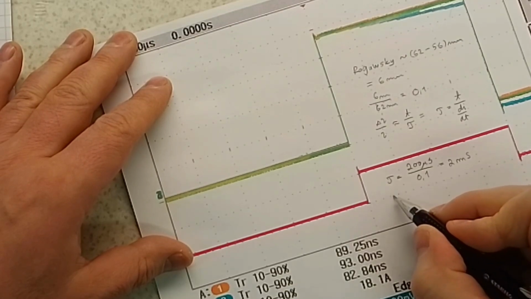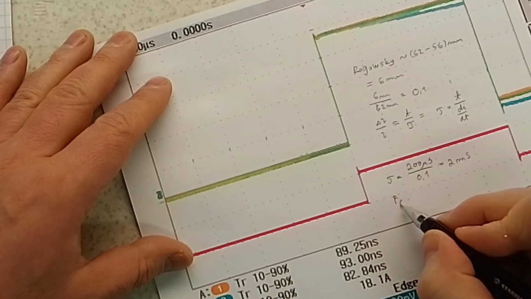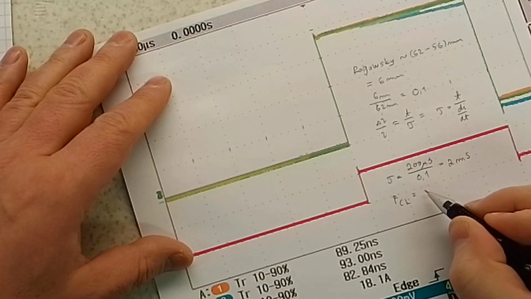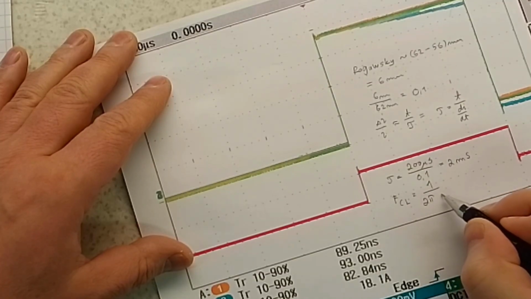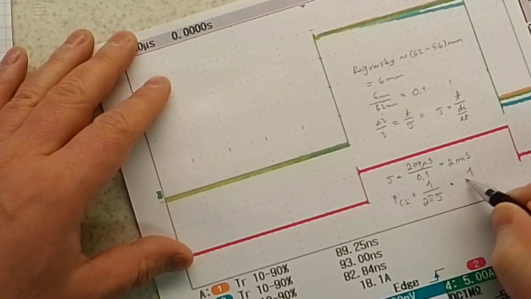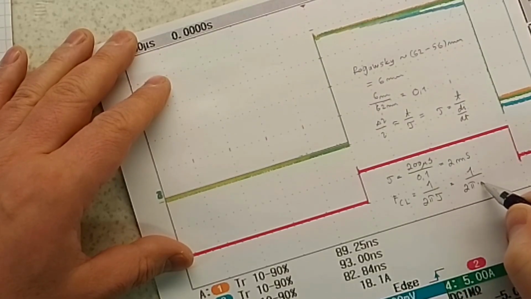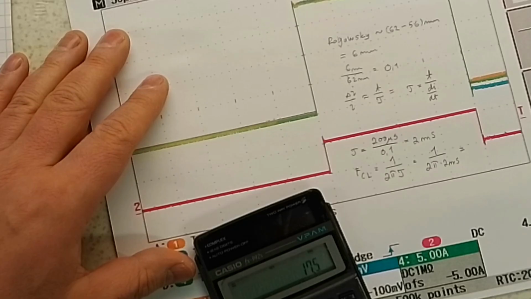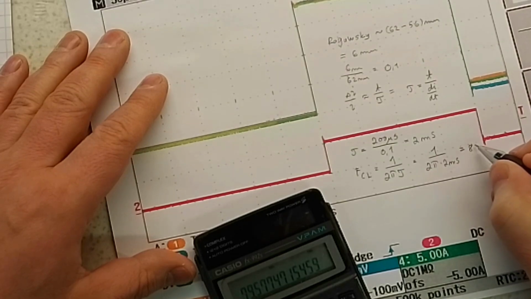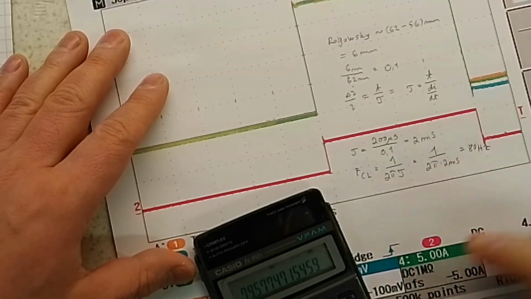And we know that lower cutoff frequency is 1 divided by 2 pi tau, which is about 80 hertz.